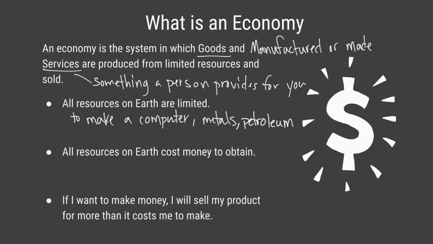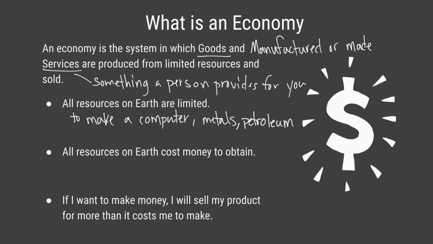And then lastly, that means if I want to make money, I will sell my product for more than it costs me to make. And typically you want to sell it for quite a bit more because you want to be able to make a good amount of money. So if it costs me, let's say $400 to make a computer by the time I buy all the parts, pay the employees who put it together, I'm not going to sell that computer for $400.